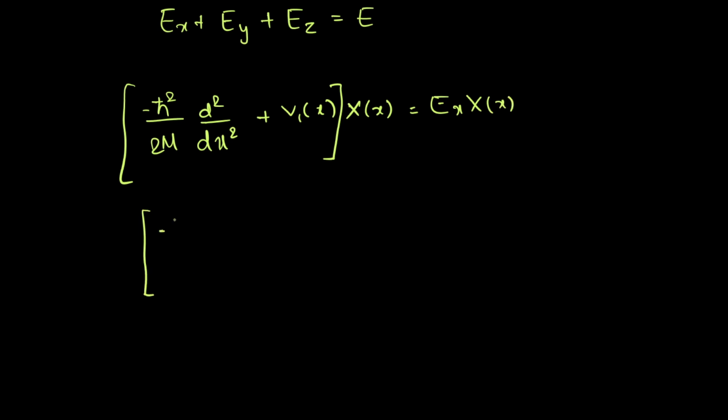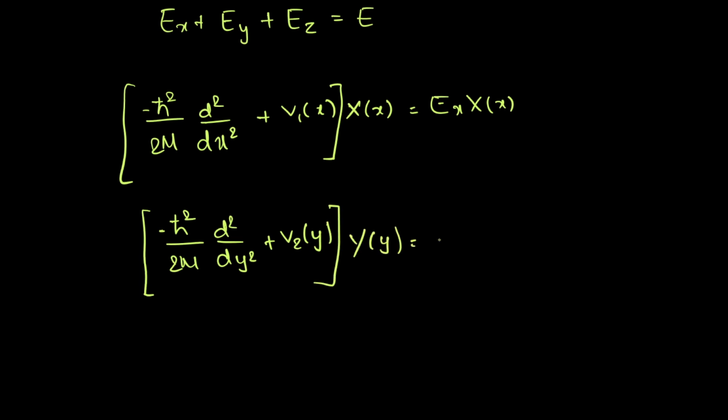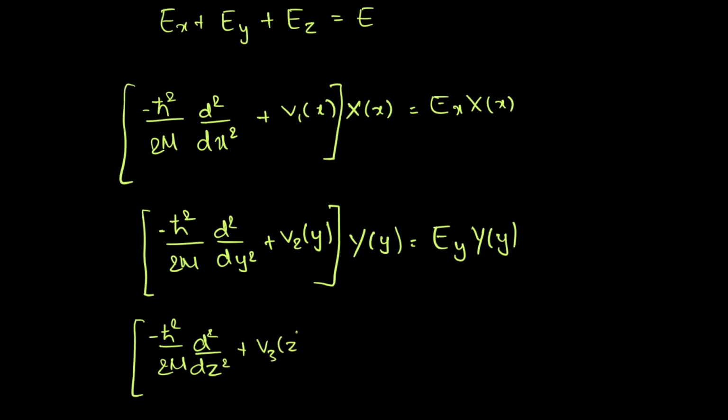The second is minus h cross square by 2 mu d square by dy square plus V2 of y, acting on the function Y of y, equals Ey Y of y. The third is minus h cross square by 2 mu d square by dz square plus V3 of z, acting on Z of z, equals Ez Z of z.